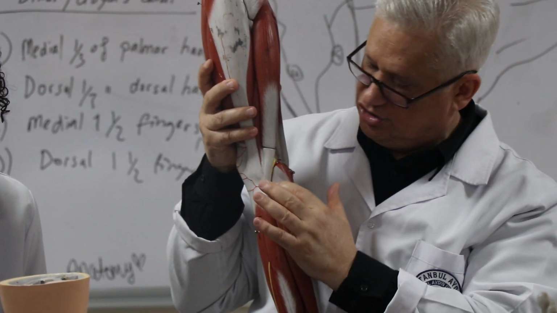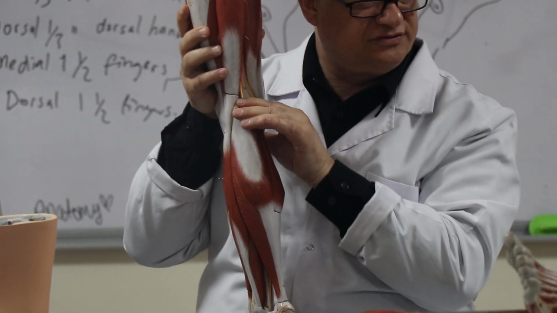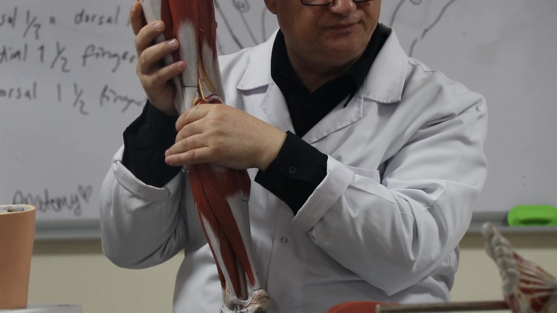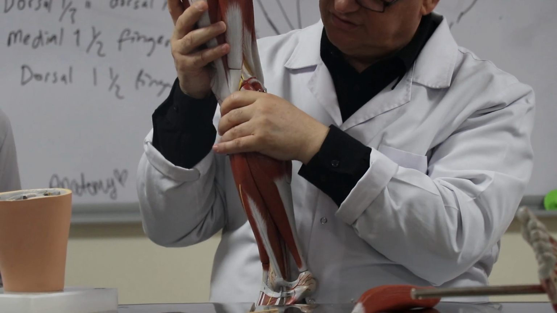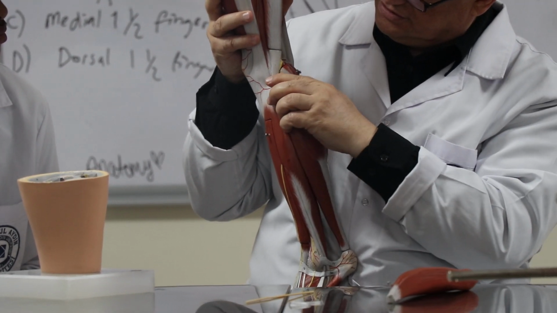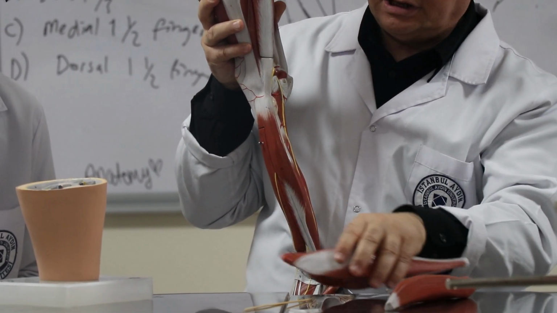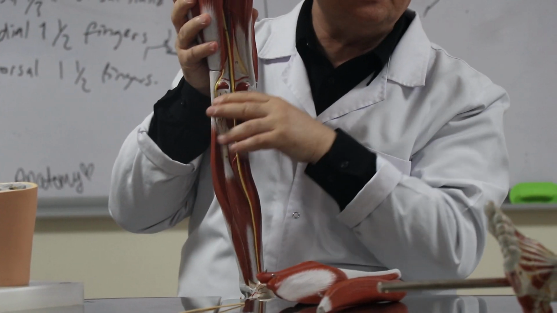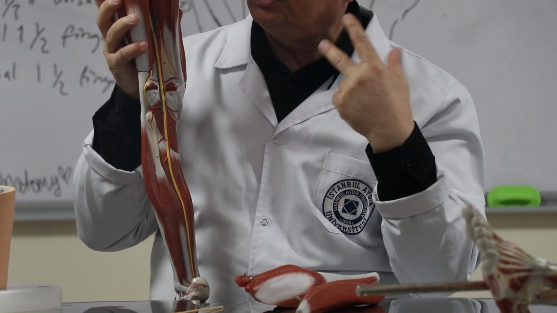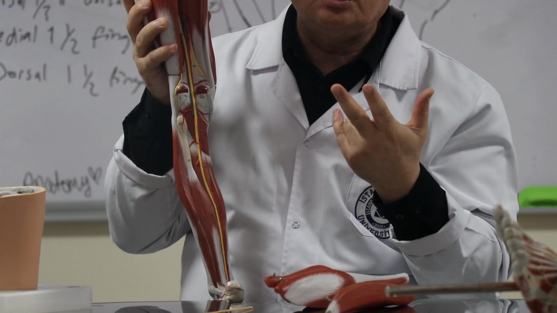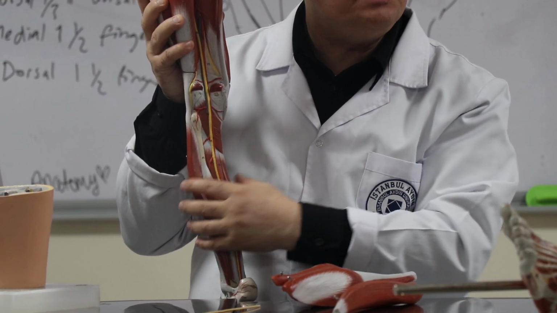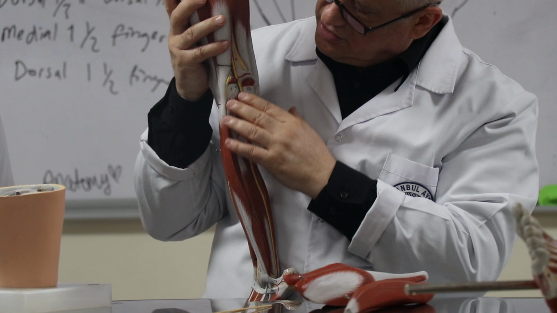However, the common peroneal curves around at the knee joint, and then it divides into two, so we have superficial peroneal and deep peroneal, correct? All right.